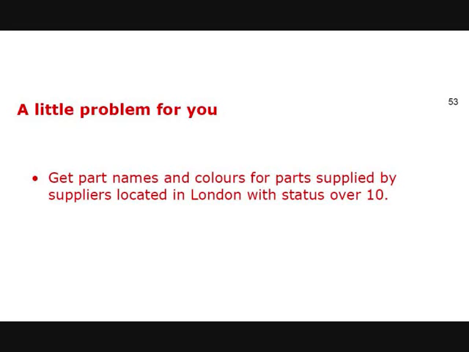So we need to say select, and our predicate is going to be city equals London, so those are going to be the ones that are located in London, and we could have and status greater than 10, from the S table. So if we do that, we will now have only the tuples that are suppliers that are located in London with the status over 10.